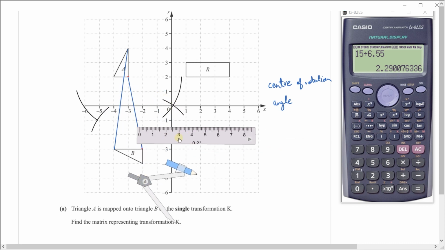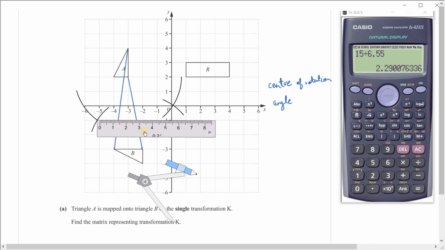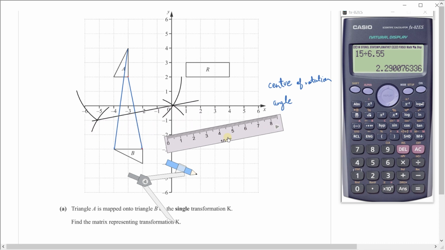So now if I join these two, this is my perpendicular bisector for this line, which is joining this object with the image. So this point was transformed onto this point.